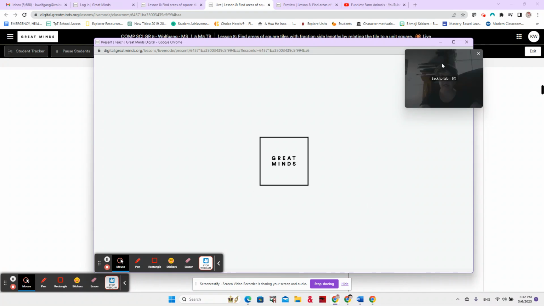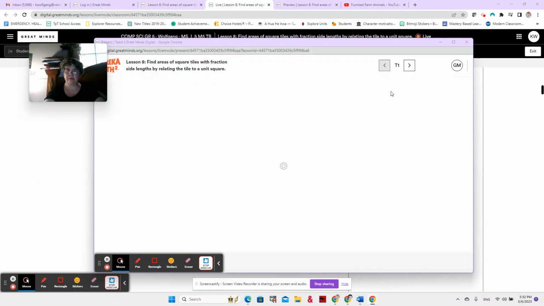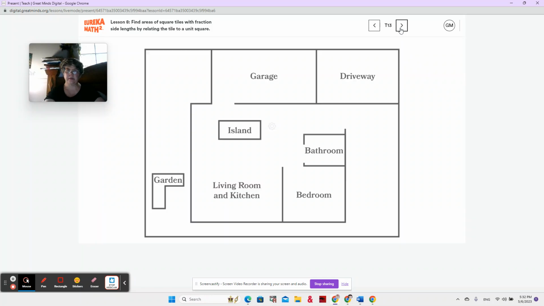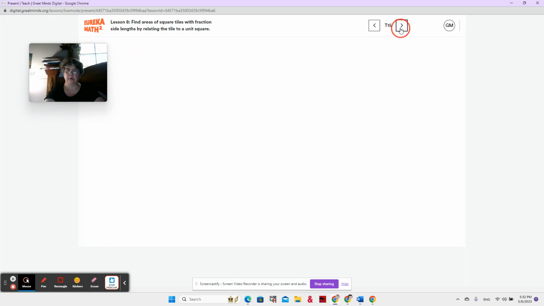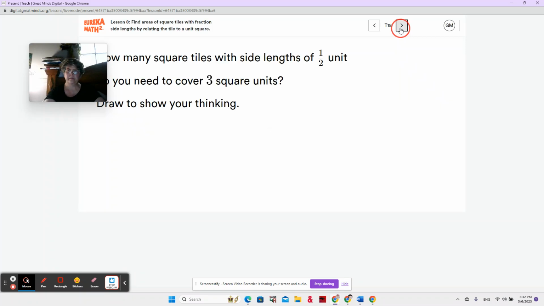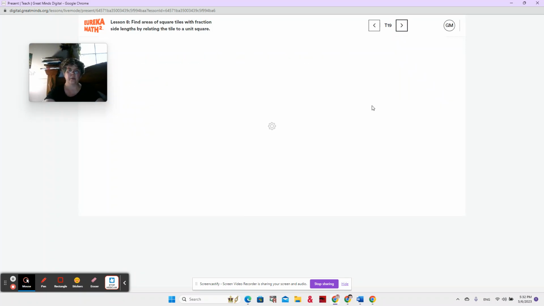I'm opening up an interactive for us to use, and it's going to be number 19. So we're just going to flip forward to that one. Once we get there, we will be doing some experimenting with fraction side lengths, unit fractions, always having the number 1 on the top.